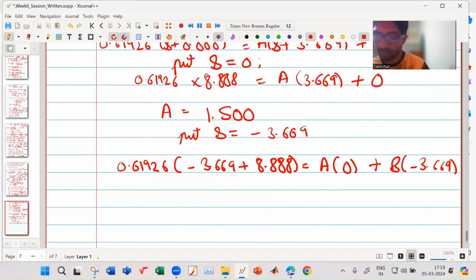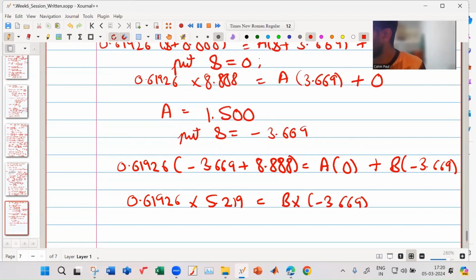That comes out to be 0.61926 into 5.219, equal to B into minus 3.669. So B comes out to be minus 0.88087.